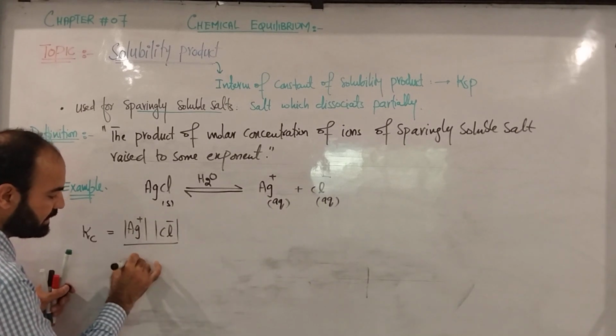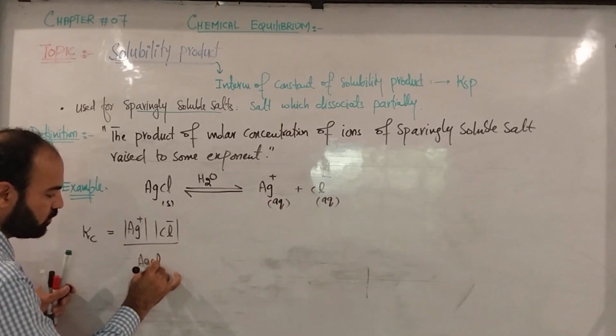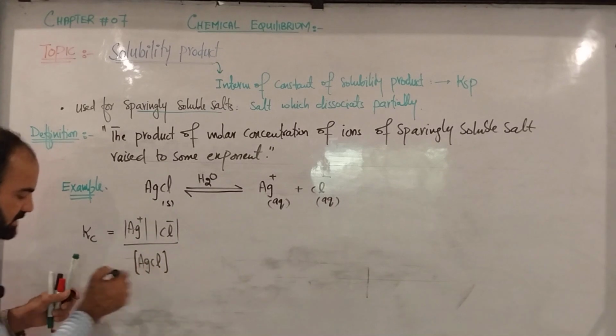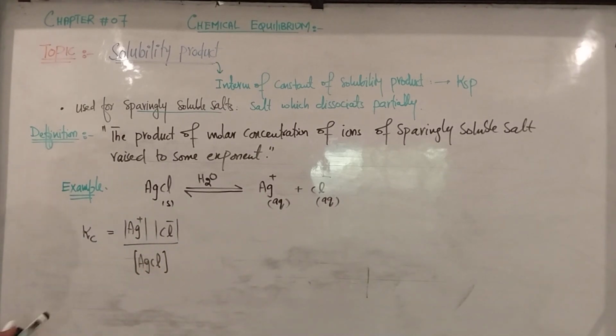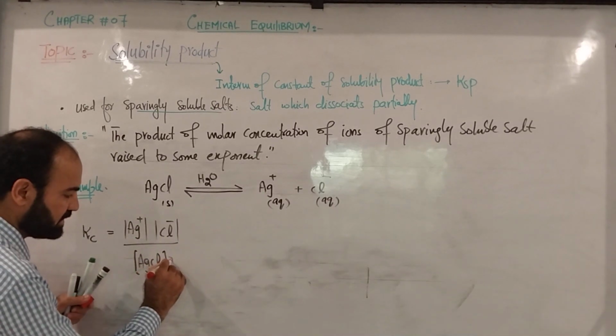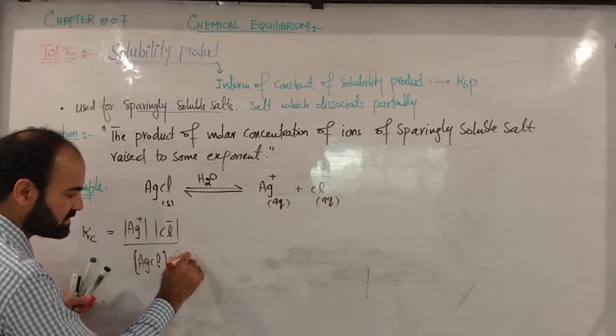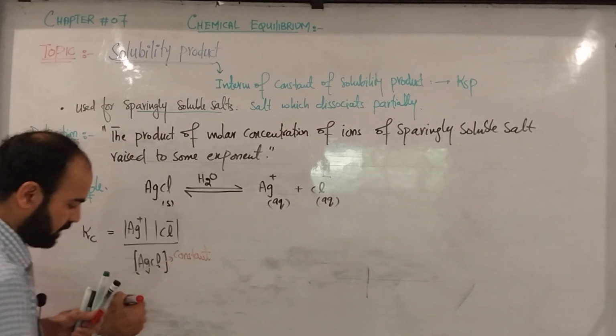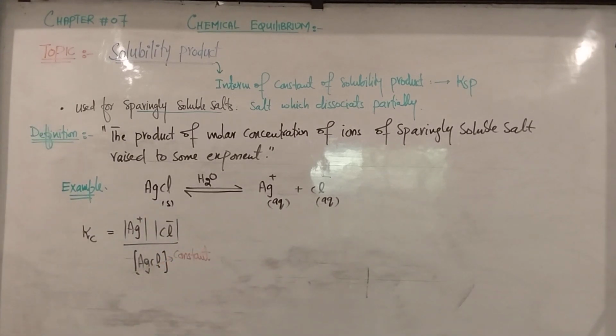But if I write the molar concentration of silver chloride here, remember dear students, this concentration is taken as constant, because there is no net change in the concentration of solids and pure liquids.